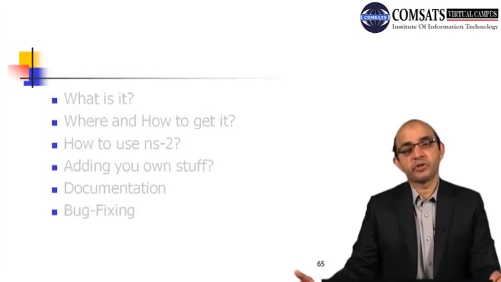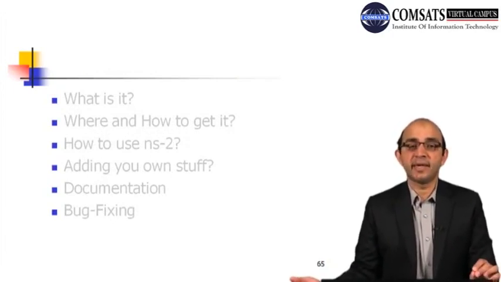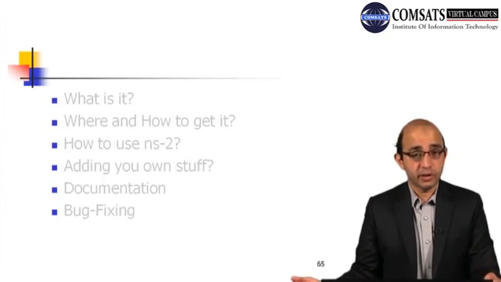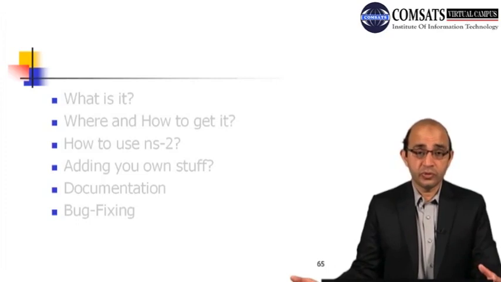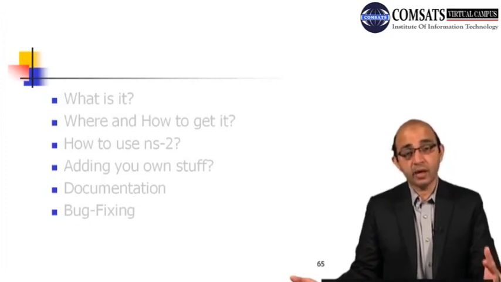So today we have talked about NS2, which is a network simulator, and we have talked about what NS2 is. Then after that we discussed where you are able to find it and how to use NS2, because that is very important.